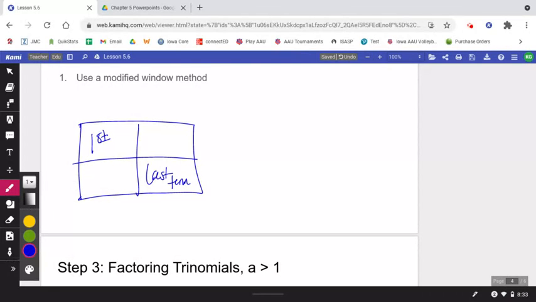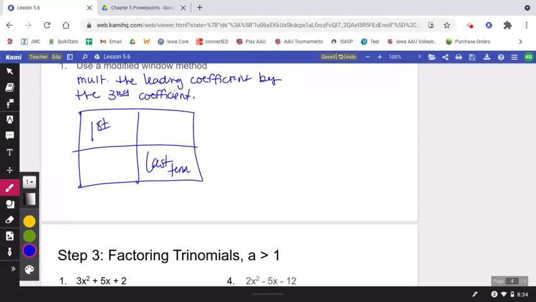And then we're going to multiply the leading coefficient by the third coefficient to look for the factors. Then we're going to put whatever multiplies, and then we're going to do our greatest common factor thing.